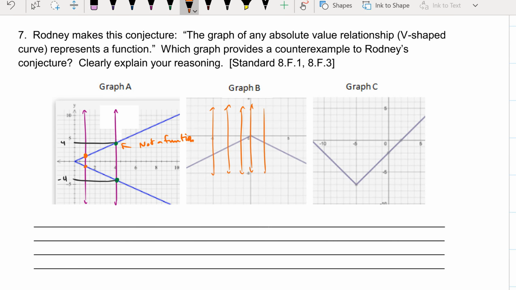So this is a function, because it crosses at one point for every single line. And for graph C, if you draw a vertical line, it crosses the graph at one point every single time.